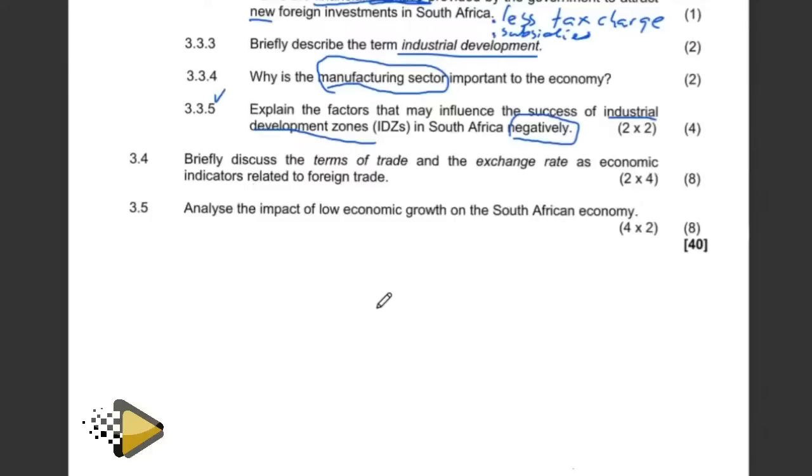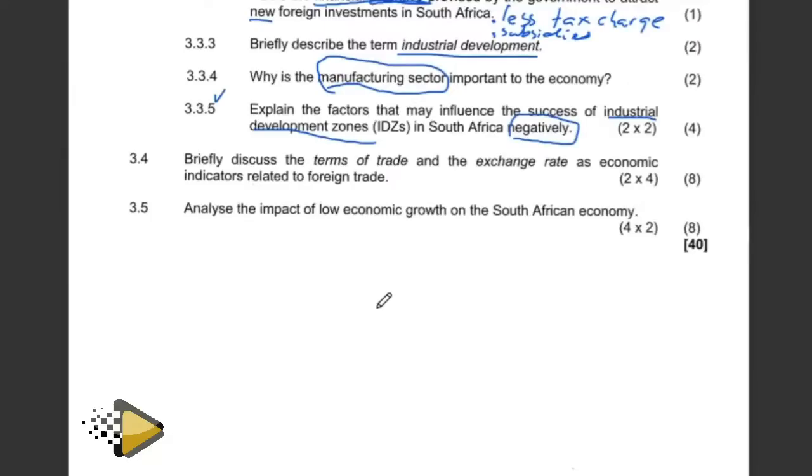If we check some of those factors, we have poor management of resources. The fact that there is poor management of resources in South Africa is going to hinder the progress of industrial development zones.